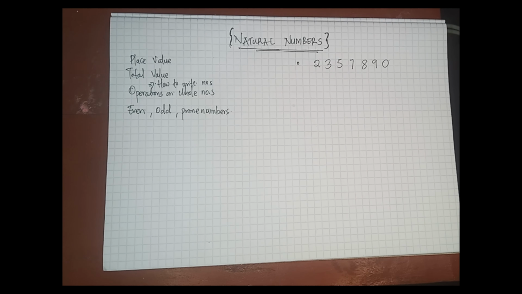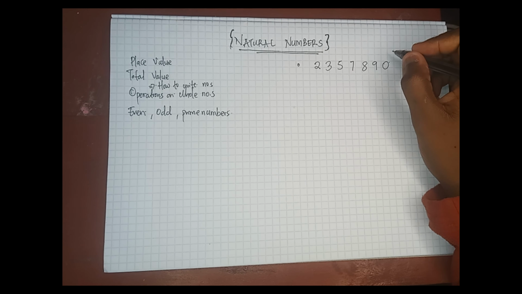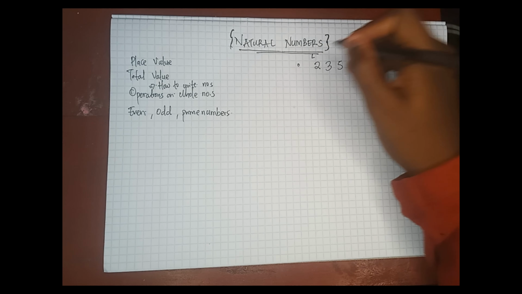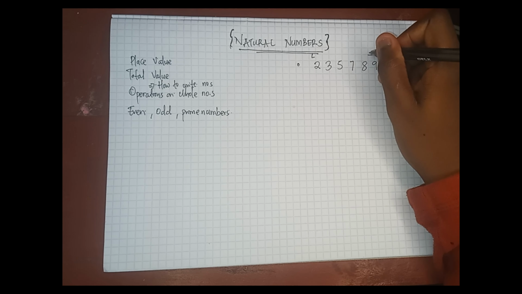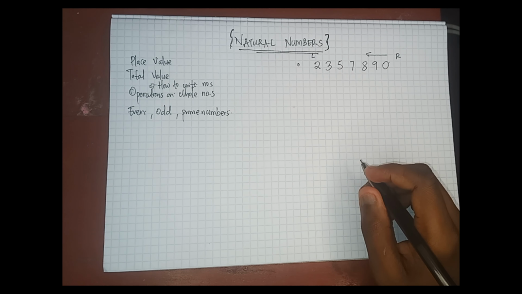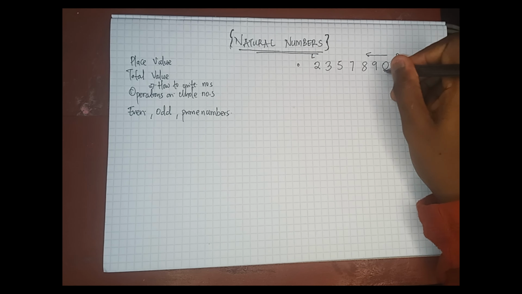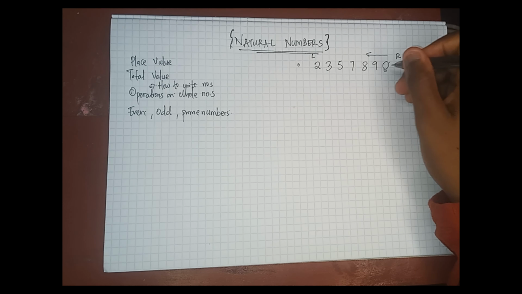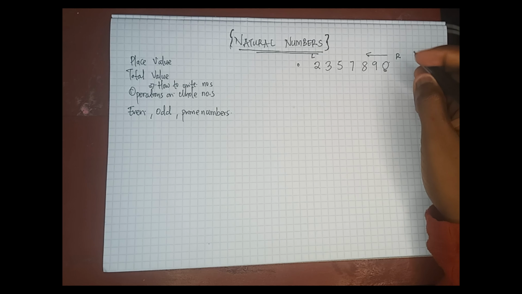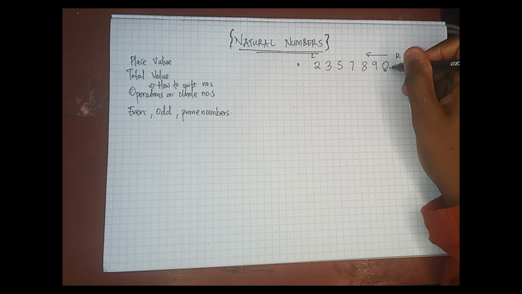So this is a 7-digit number. From right to left, the numbers increase in value in respect to the position. So the first number, you can have the lowest value as you move towards the left. So the first number ni from the right.